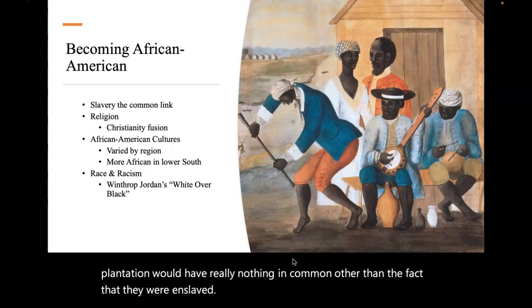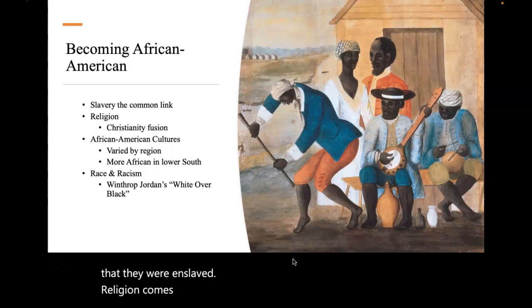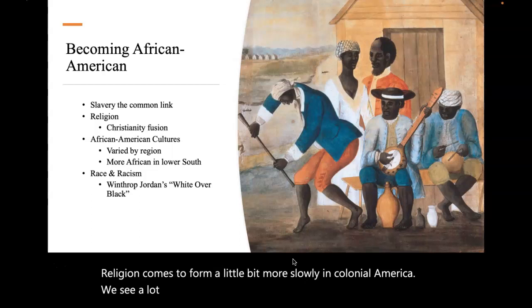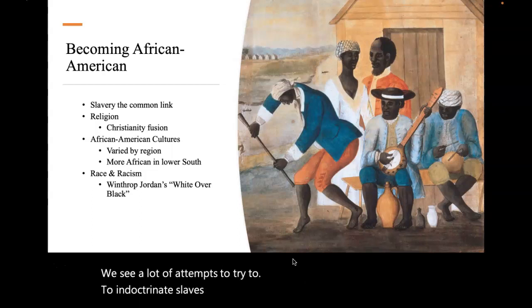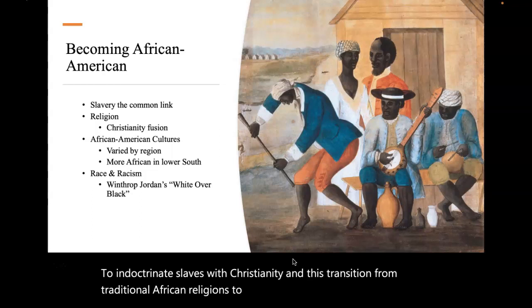Religion comes to form a little bit more slowly in colonial America. We see a lot of attempts to indoctrinate slaves with Christianity, and this transition from traditional African religions to Christianity was difficult.